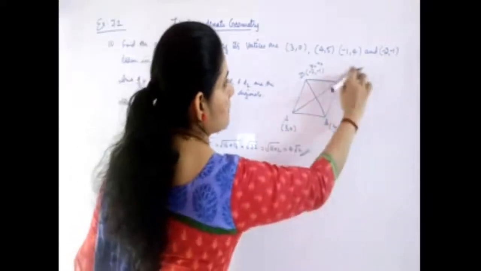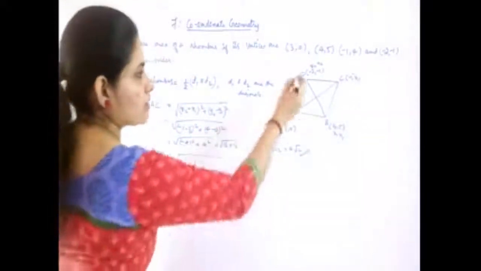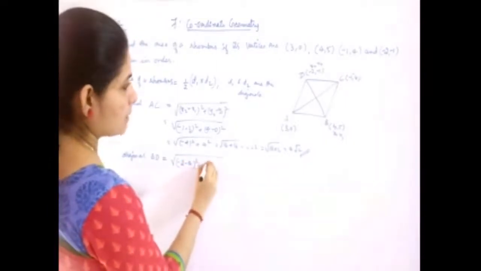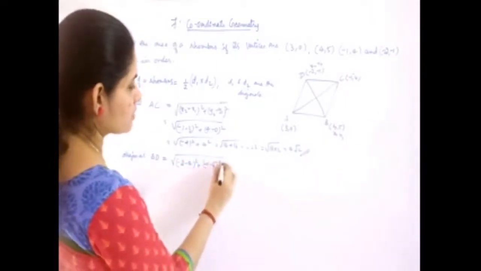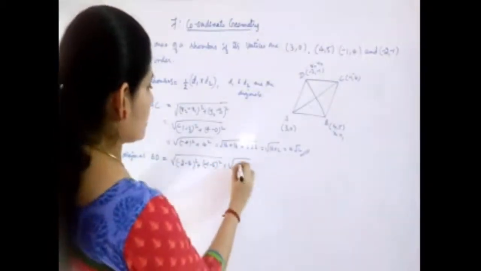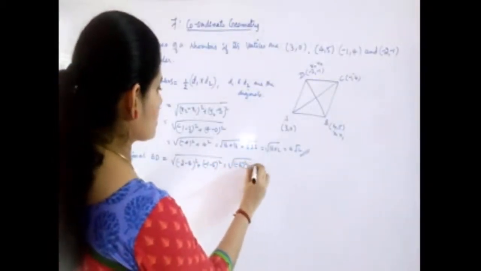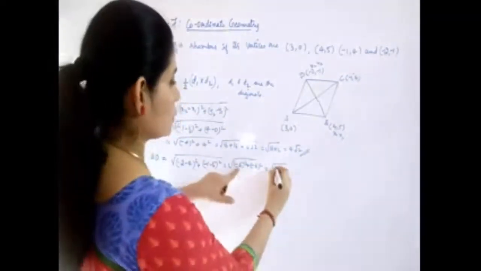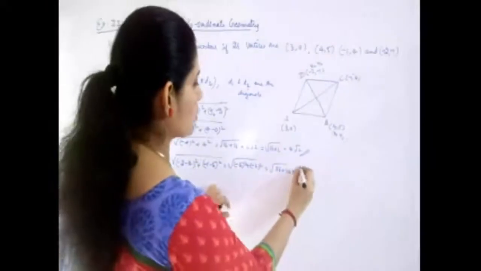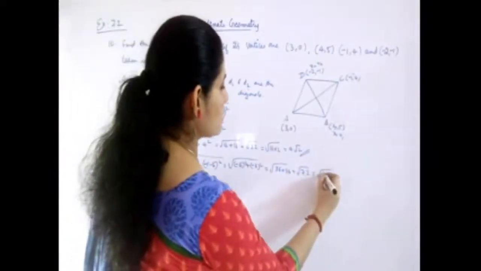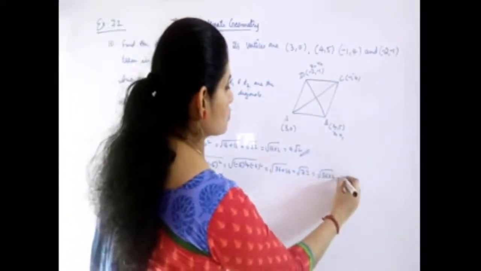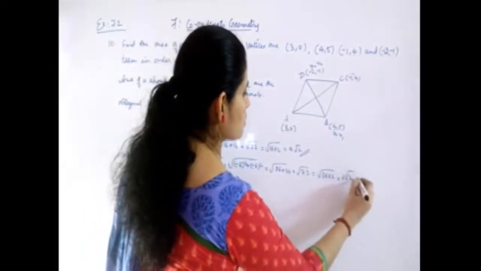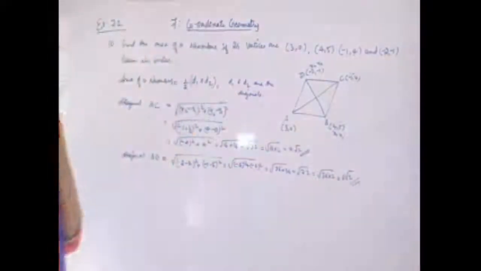Applying the formula you will get the root of (-2 - 4)² + (-1 - 5)², which is (-6)² plus again (-6)², which is the root of 36 + 36, or root 72. Again root 72 is root of 36 into 2, so you will get 6 root 2 units.